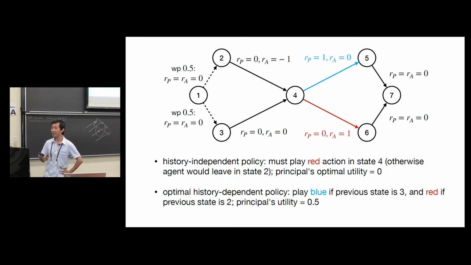And the only way to compensate for that is to play the red action in state 4, which gives the agent 1. That's the only thing that we can do. We can't randomize between the two actions because that's not going to be enough. Right? So say we do that, then the principal's utility in this whole thing is going to be precisely 0.